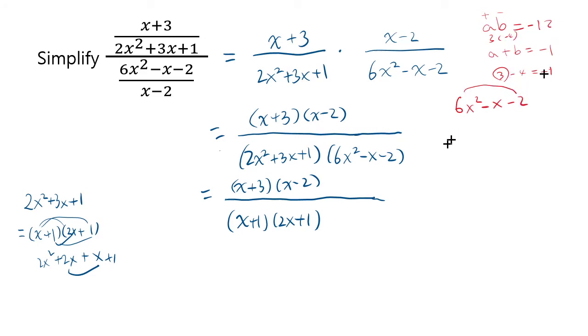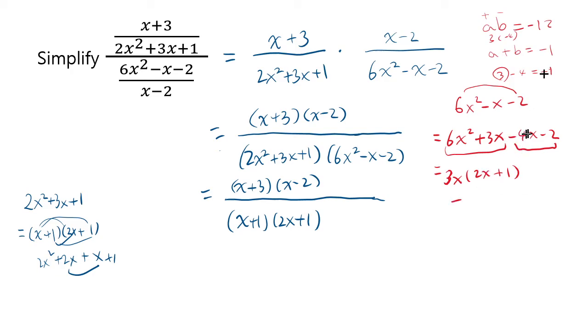Once you figure that out, you factor by grouping: 6x squared plus 3x minus 4x minus 2. Group the first two and the second two and factor as much as you can. I see that 3x is a common factor from the first group, and this is what you get after factoring the 3x out. In the second group, if you have a minus, you should definitely include that.